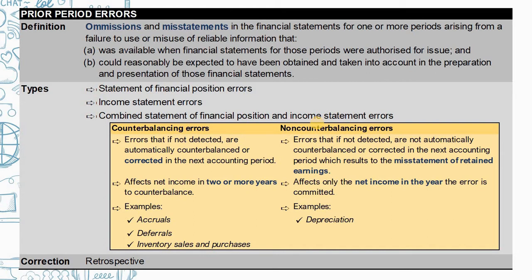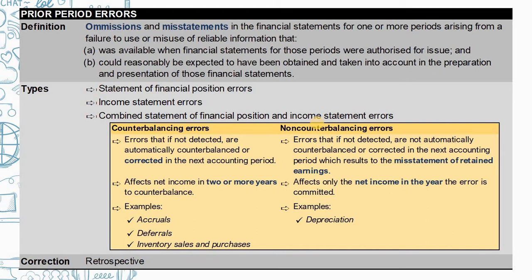Then the next type of error is the income statement error. This time, the error involves nominal accounts, so it could be an income or expense. It means that income statement errors could involve two or more nominal accounts. Again, it could be an income or expense. And the income statement errors, just like the statement of financial position errors, do not affect the other statements.